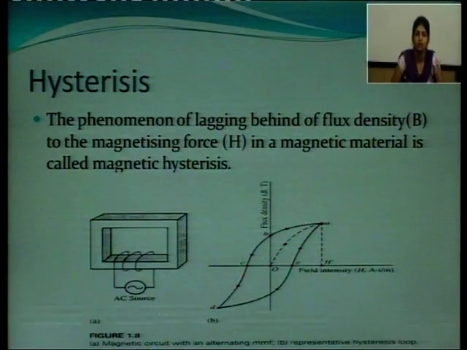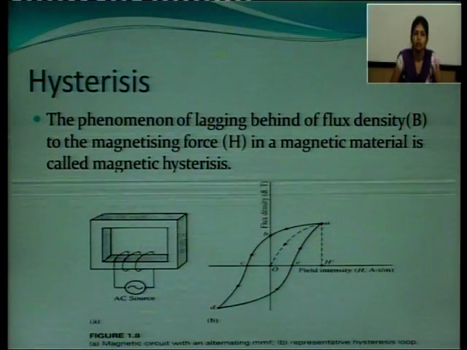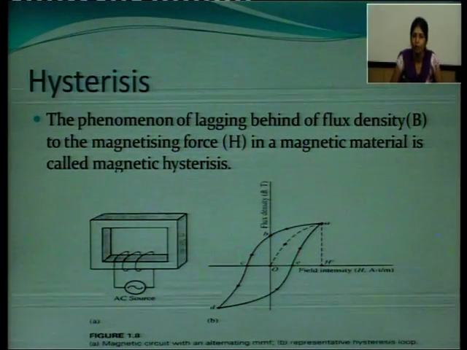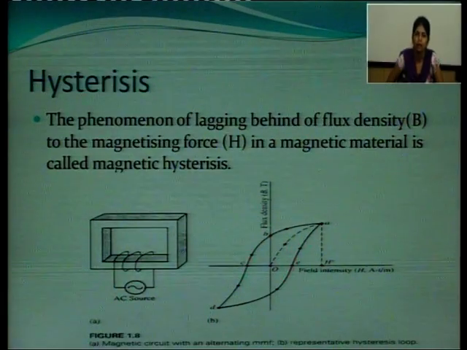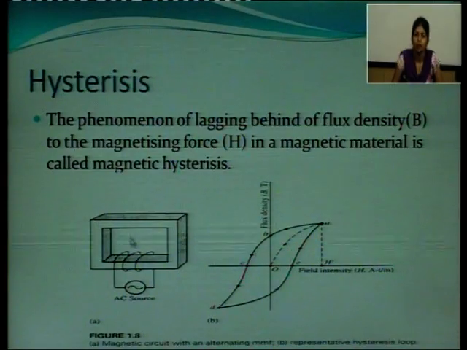The next is hysteresis. Hysteresis is a phenomenon of lagging behind of flux density B to the magnetizing force H in a magnetic material, known as magnetic hysteresis. See, this is an iron bar.